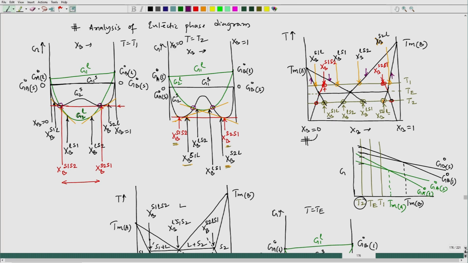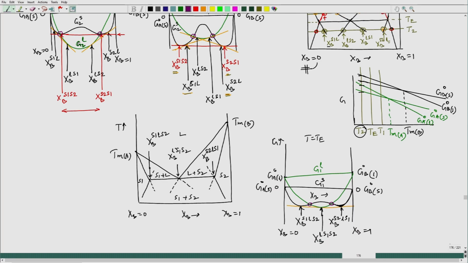Now, if I try to plot those points here, these are the temperatures we have considered. This one in temperature, this was another temperature we have considered. Let us put those points. So, now this point is appearing here, this is appearing here.